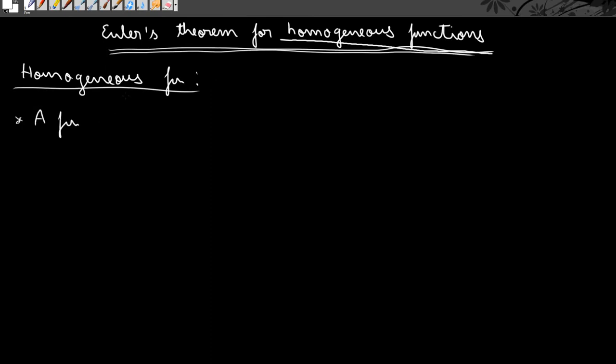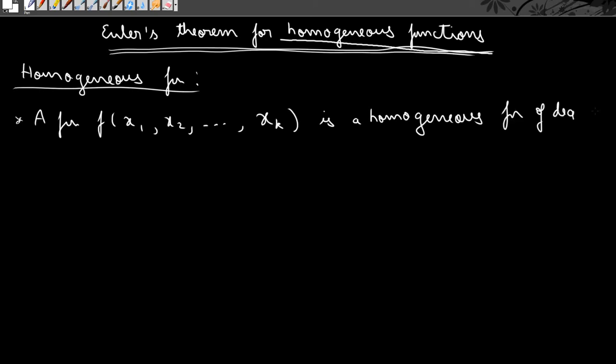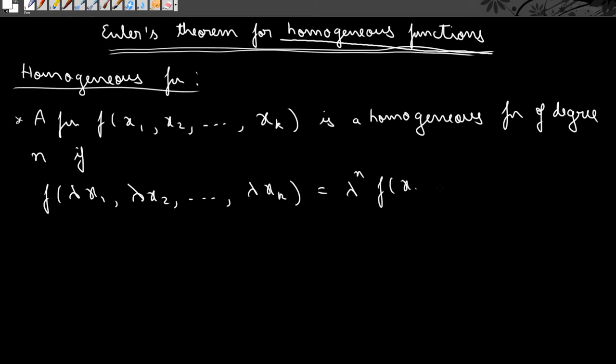A function f which depends on variables x1, x2 up to some xk is said to be a homogeneous function of degree n if f of lambda x1, lambda x2, up to lambda xk, where lambda is some real number, is equal to lambda power n times f of x1, x2, up to xk, for all lambda greater than 0 and lambda xi belonging to the domain of f.